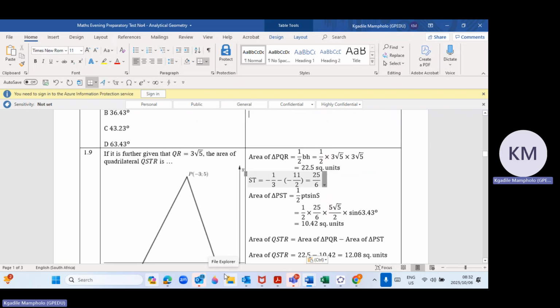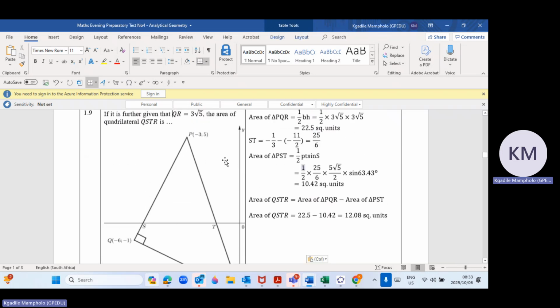Because we are further given that QR is 3 root 5, you'll say half times 3 root 5 times 3 root 5, then the answer will be 22,5 square units.